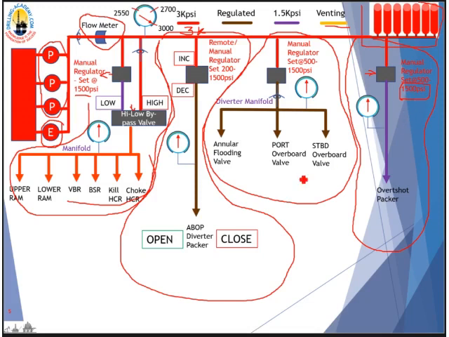Now when you activate any of these functions, what will happen? The pressure gauge on that branch will drop, and the pressure gauge on the main line, which we call the accumulator pressure gauge, will also drop.